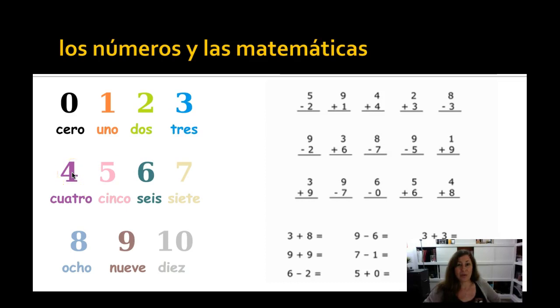Cuatro. Cinco. Seis. Siete. Ocho. Nueve. Diez.